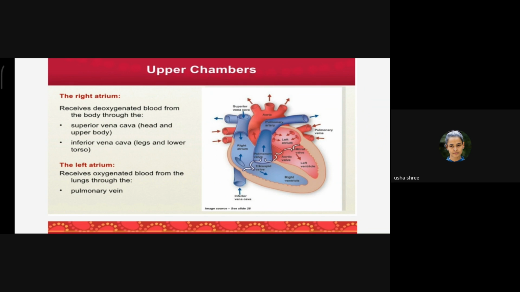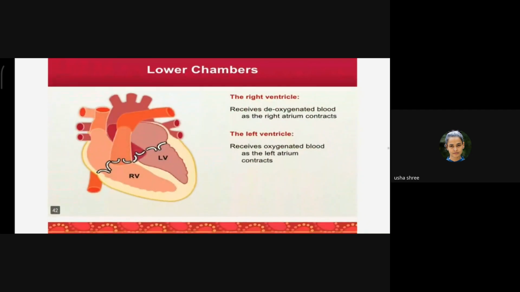Superior vena cava is situated at the head and upper body of right atrium, and inferior vena cava is situated at the lower portion of right atrium. Now, left atrium receives oxygenated blood from lungs through pulmonary vein. Lower chambers are right ventricle and left ventricle. Right ventricle receives deoxygenated blood as right atrium contracts. Left ventricle receives oxygenated blood as left atrium contracts.